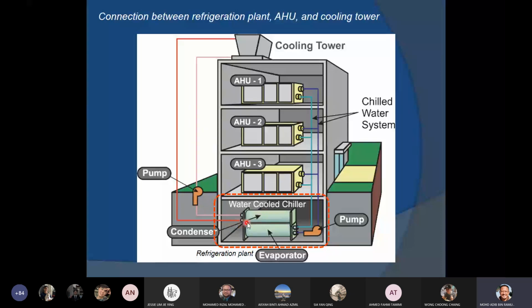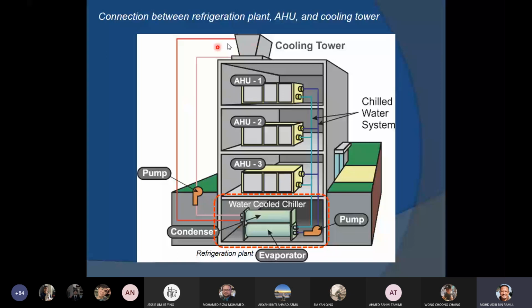From this condenser, the water is transferred to the cooling tower. This thick red line represents that the water at this point is quite hot compared to the lighter red. So the hot water is delivered to the cooling tower.